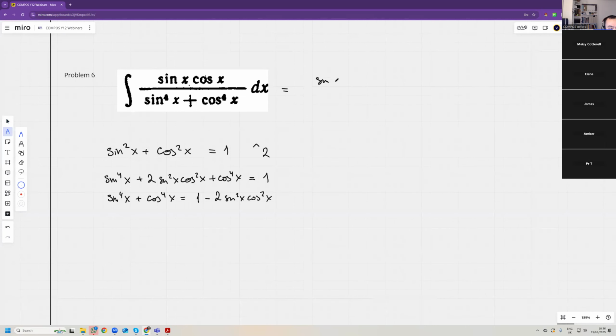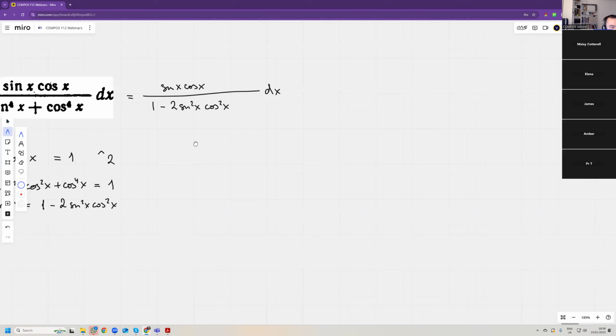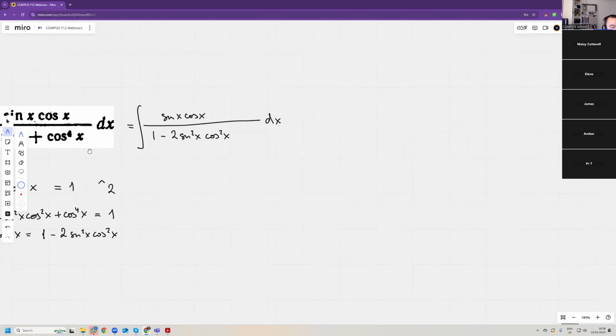It's going to be sine x cos x over 1 minus 2 sine squared x cos squared x dx. Okay, that's already better because we don't have any cosine fourths anymore.